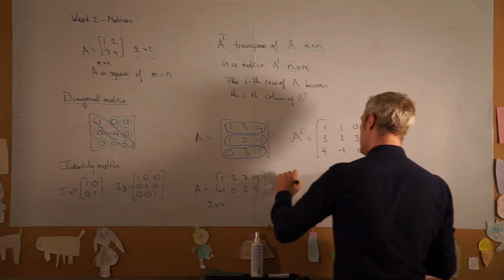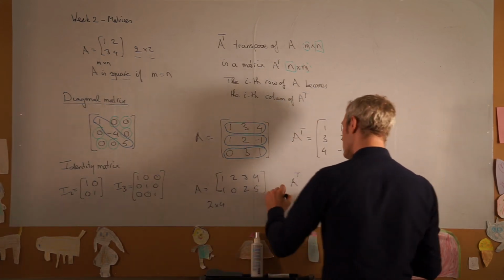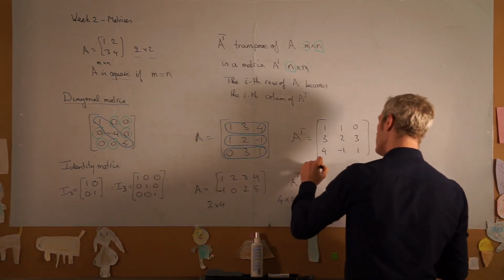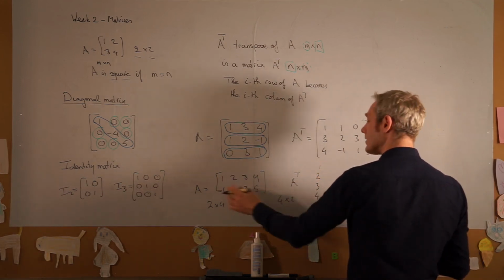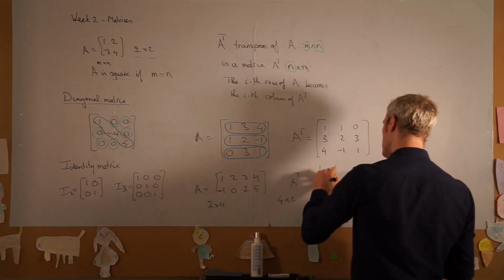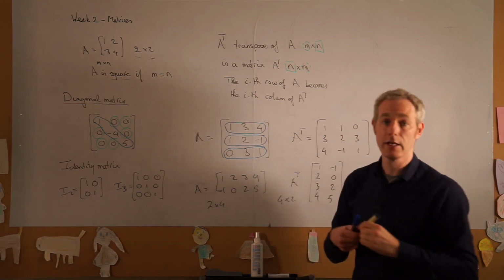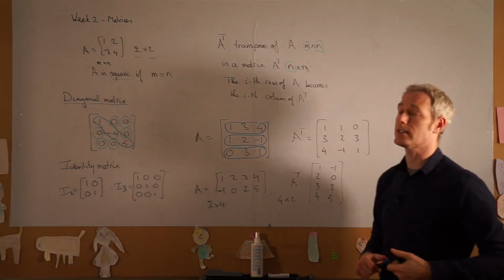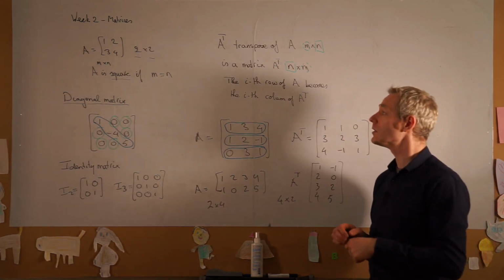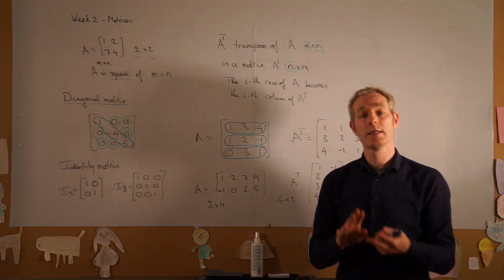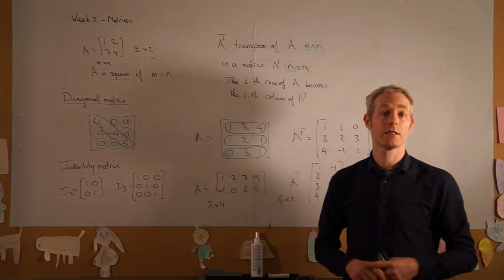We can calculate the transpose of this matrix, which will become a 4 by 2 matrix. The first row becomes the first column, and the second row becomes the second column. So a matrix does not have to be square to have a transpose. Every matrix has a transpose. We'll continue in the next video where we'll be looking at addition, scalar multiplication, and the multiplication of matrices.